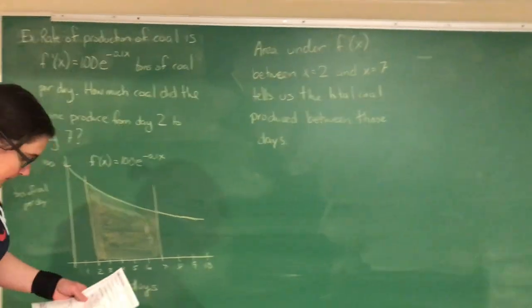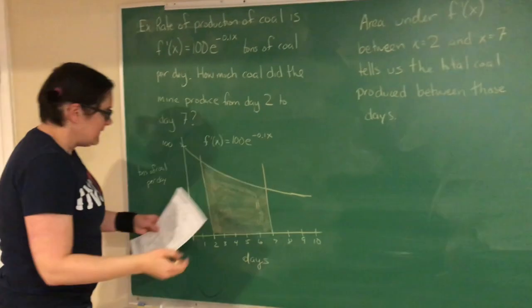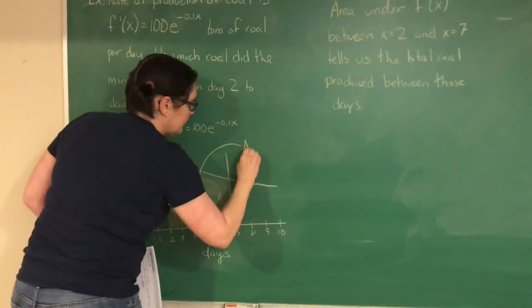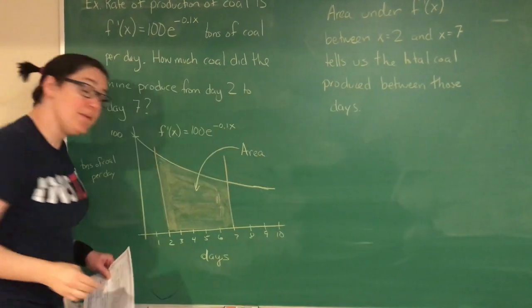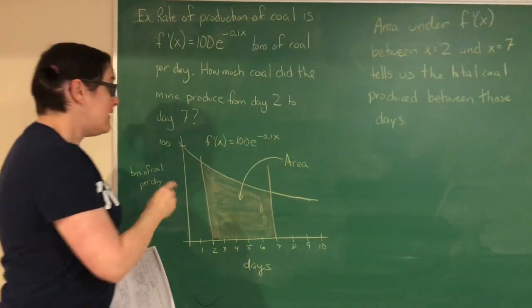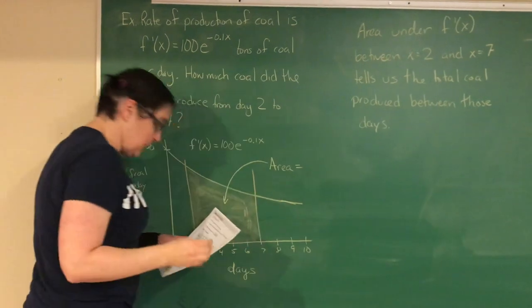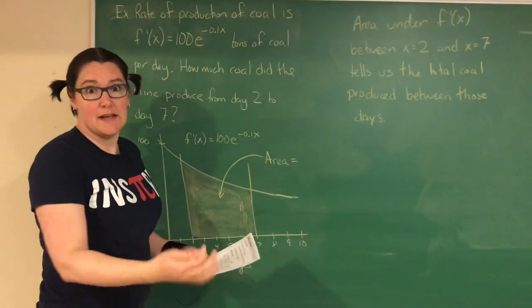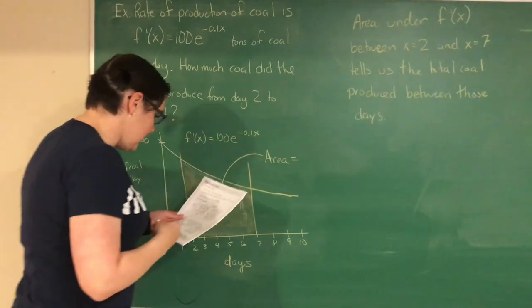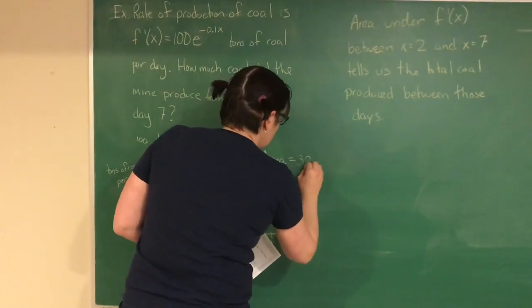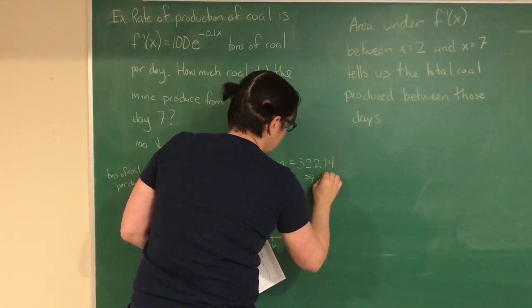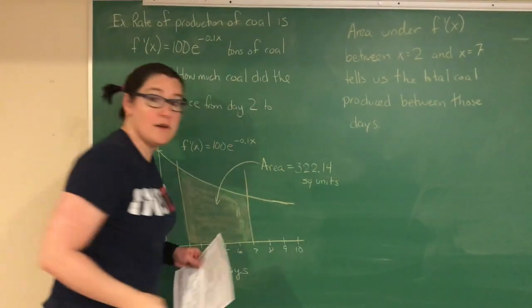Okay. Now, it turns out we're going to be able to calculate that area, and that area happens to be equal to, and you wouldn't know this answer at this point, but you will by the end of today and our next class, that this area is 322.14 square units.